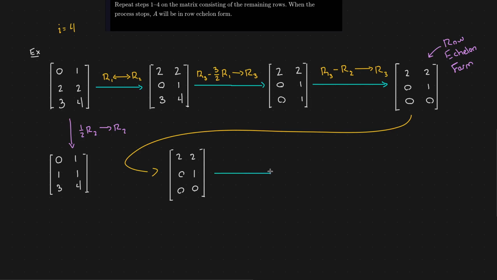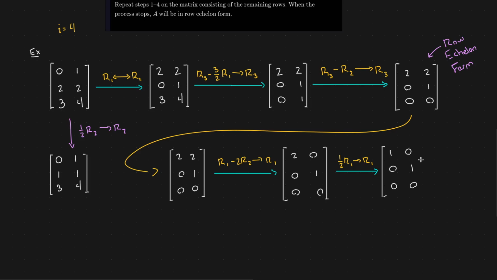Okay, so I could take row 1 minus 2, row 2 is my new row 1. That would give me just very quickly 2, 0, 0, 1, 0, 0. And then multiply row 1 by 1/2. And I get 1, 0, 0, 1, 0, 0.